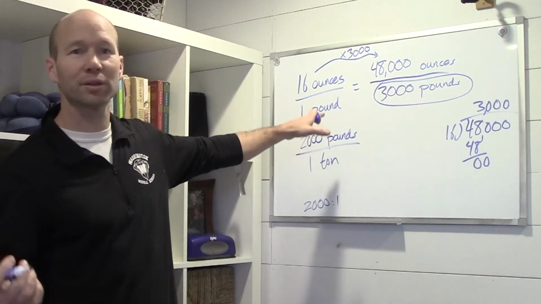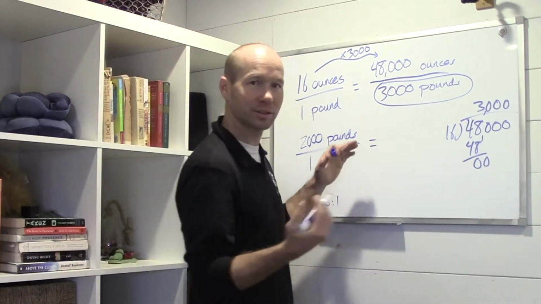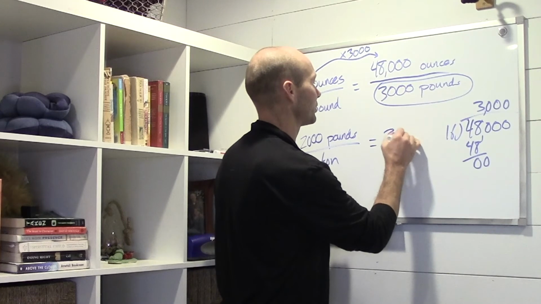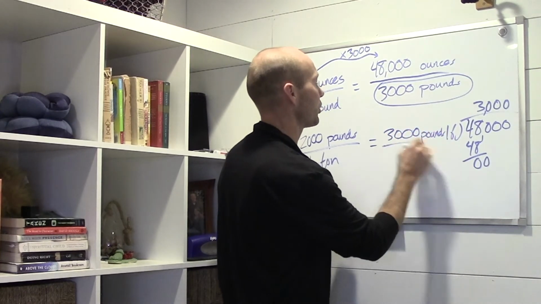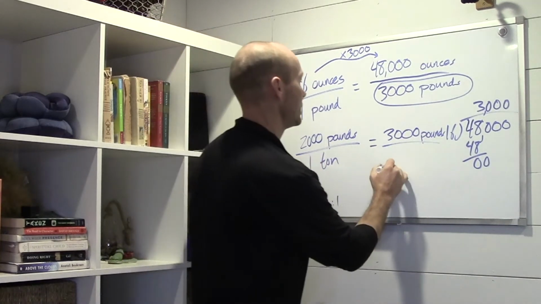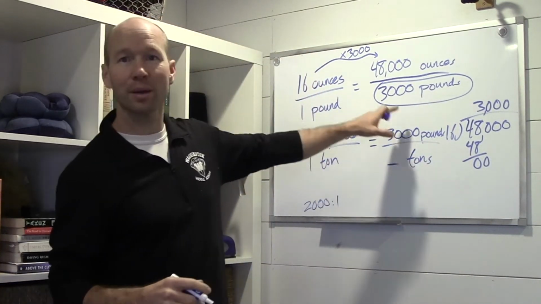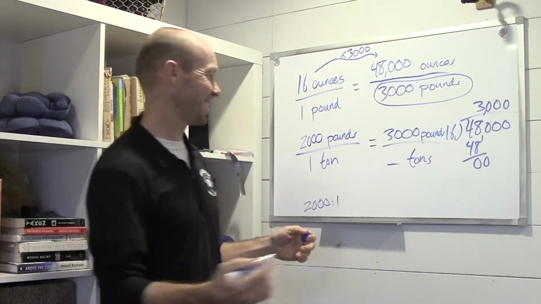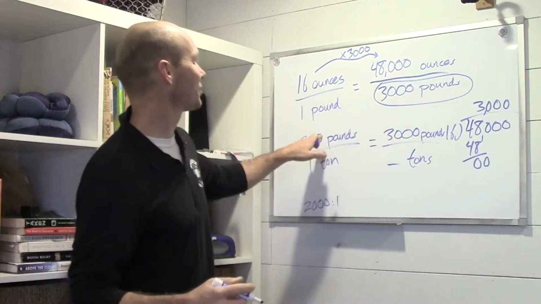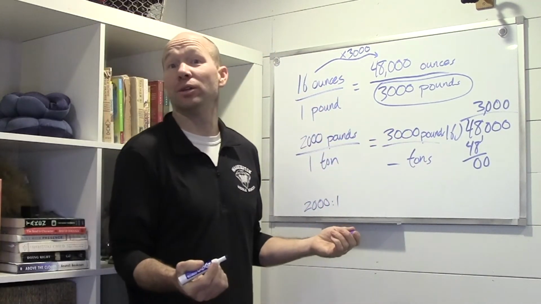If 2,000 pounds equals 1 ton, then I'm going to find out how much I had to scale up to get to 3,000 pounds. 3,000 pounds equals blank tons. 2,000 times what equals 3,000? Again, 3,000 divided by 2,000 is the same thing as 3 divided by 2, right?